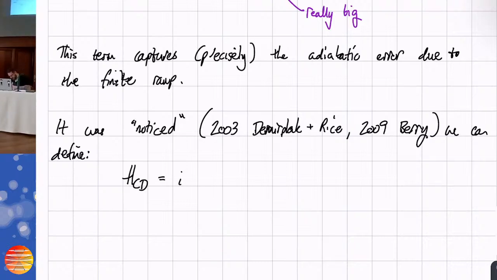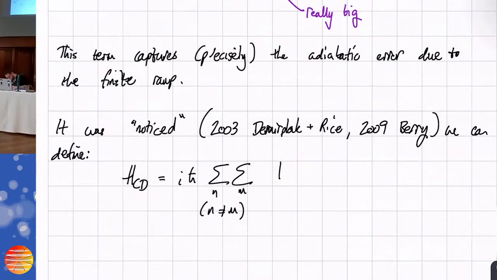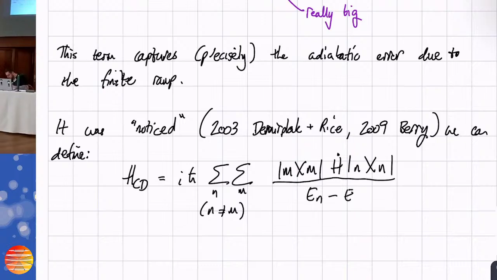It is i h bar, and then a double sum over n and m, and again remember n not equal to m, of |m⟩⟨m| ḣ |n⟩⟨n| divided by that energy difference, E_n minus E_m.